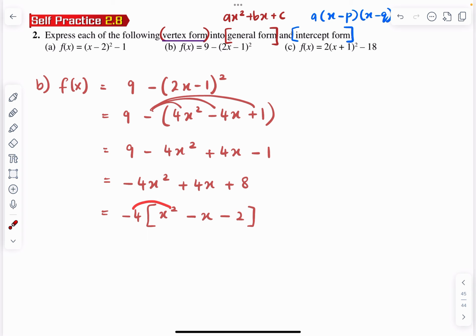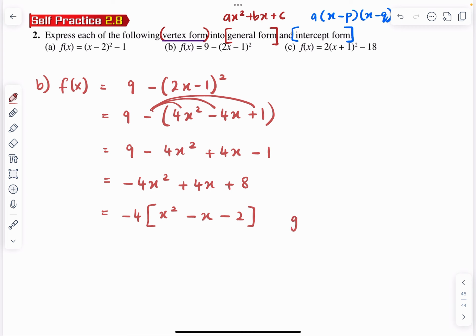Because when we multiply it inside, negative 4 times negative x will give us positive 4x. Negative 4 times negative 2 will give us positive 8. So basically each term we are dividing by negative 4.